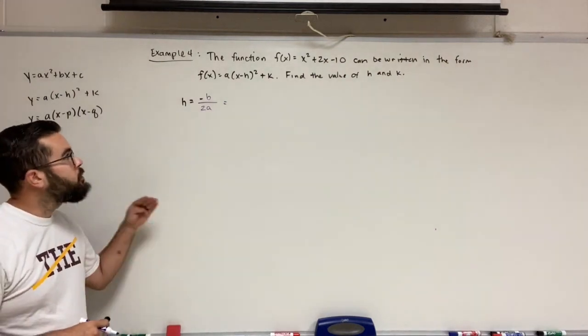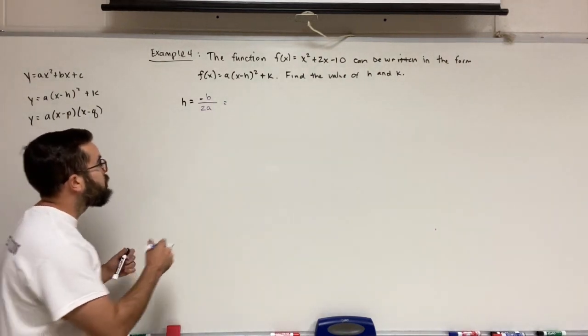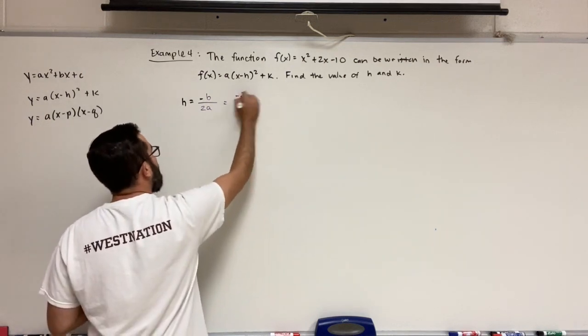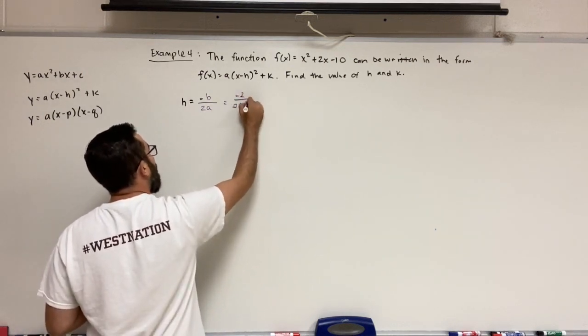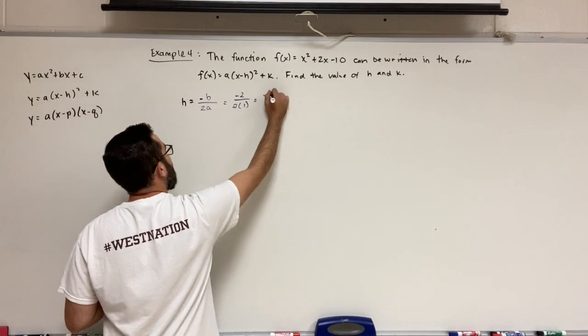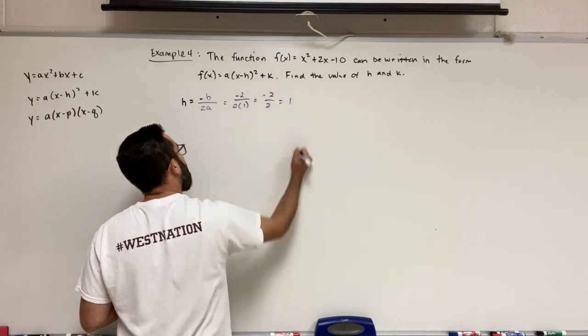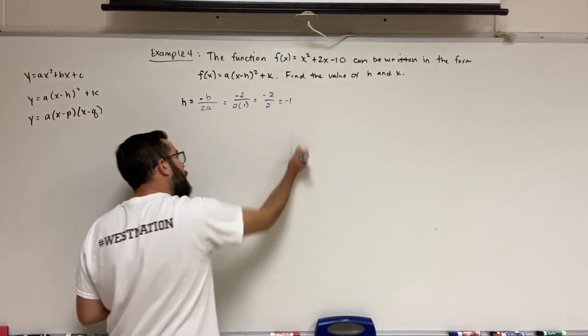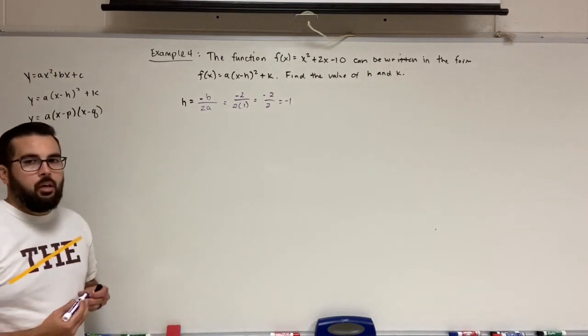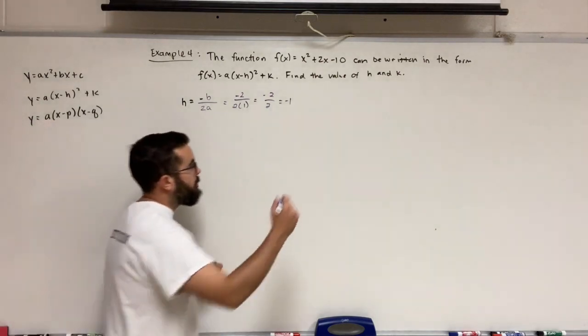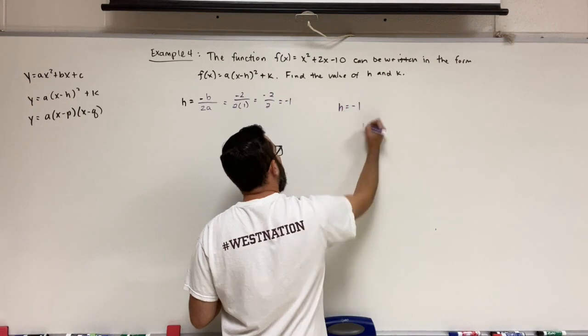So b is 2, a is 1, so I have negative 2 over 2 times 1, which is negative 2 over 2, which is negative 1. So in my final answer, h is negative 1.